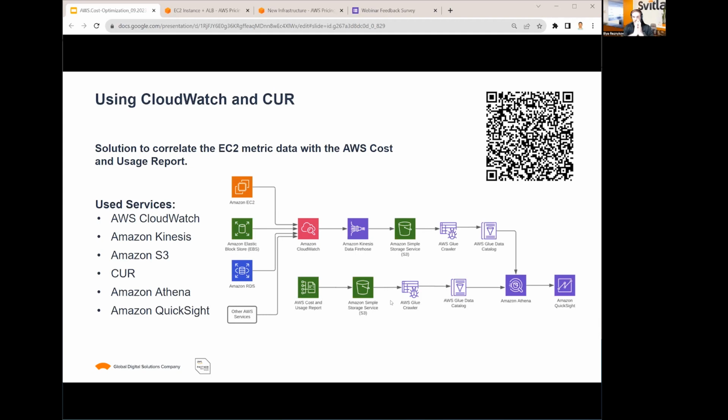For example, this use case could be useful for a company which intensively uses EC2 instances, where you may collect information about EC2 instances, process it with Kinesis, put it to S3, and in the same way get the cost and usage report, join all that with Athena, and create a visualization in the QuickSight service. So we are able to implement such a solution based on company needs.